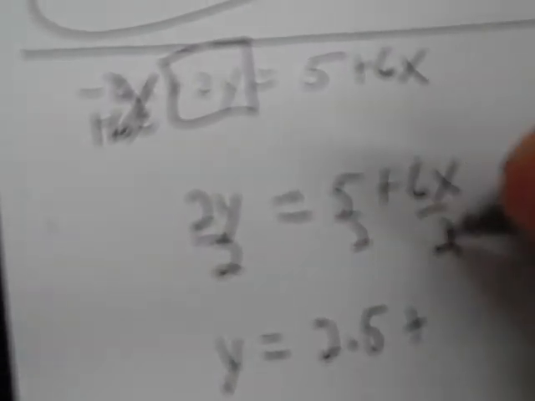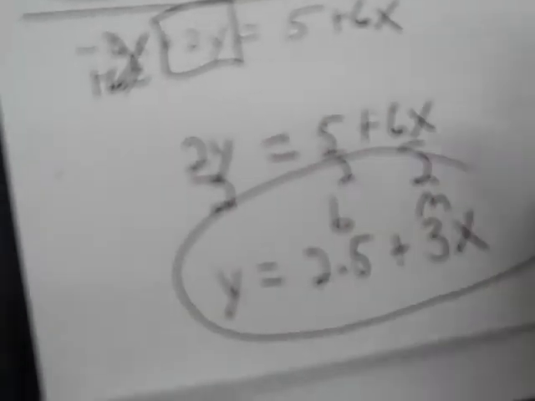And then 6 divided by 2 is nice even 3. So that's m, and then b. Okay, that's really all I have to say on that. See if there's any that might be a problem. No, I don't think there will be. 1 through 4.